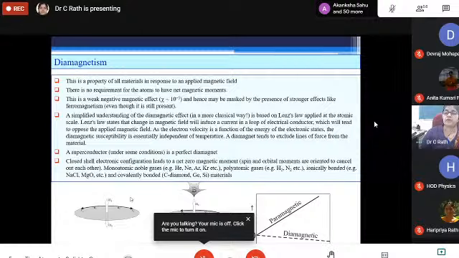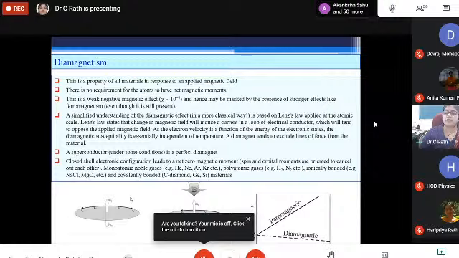So when there is no spin and orbital magnetic moment and you apply a magnetic field, it opposes the applied field. That opposing behavior, that negative magnetic effect, is your diamagnetism.